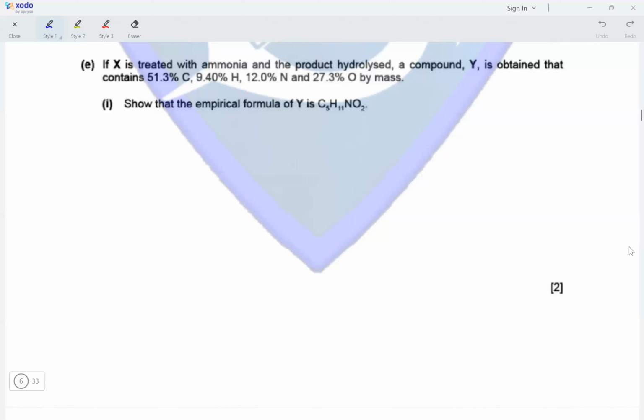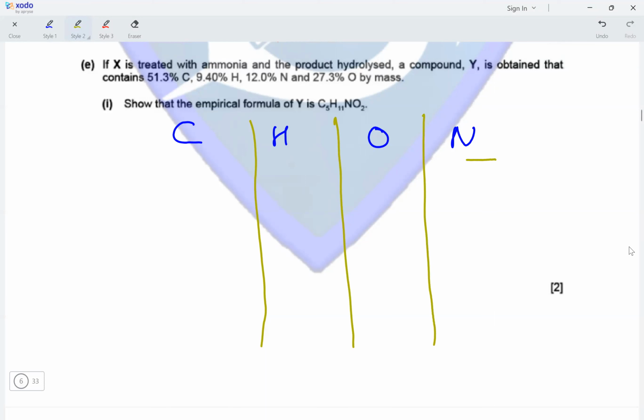If X is treated with ammonia and the product hydrolyzed, a compound Y is obtained that contains 51.3% carbon, 9.40% hydrogen, 12.0% nitrogen, and 27.3% oxygen by mass. Show that the empirical formula of Y is C5H11NO2. So what we need to do is put down the four elements present, C, H, O, and N, and then calculate the empirical formula.